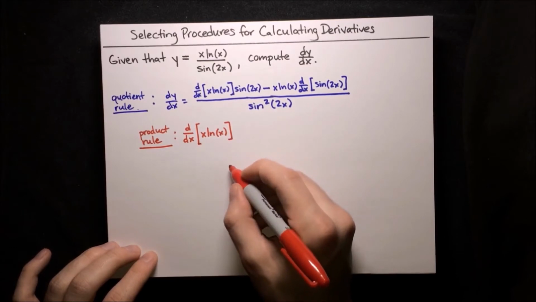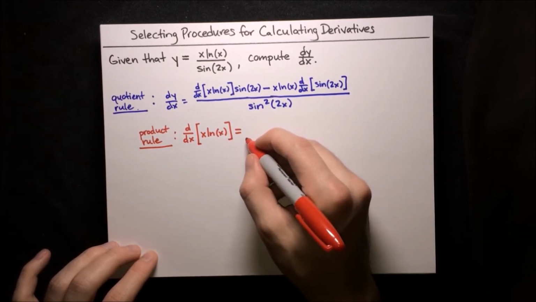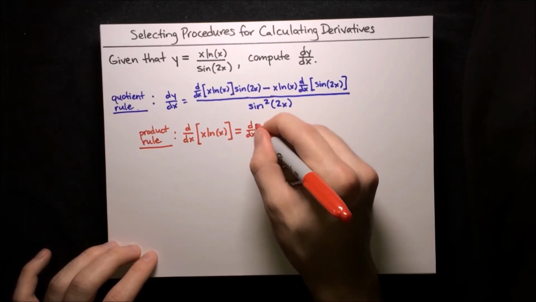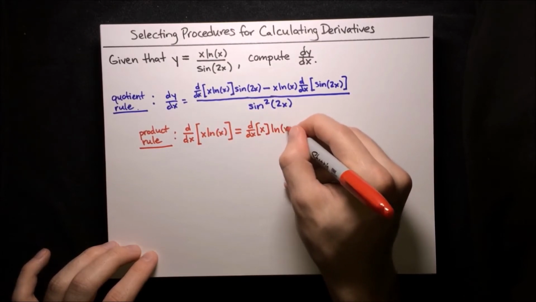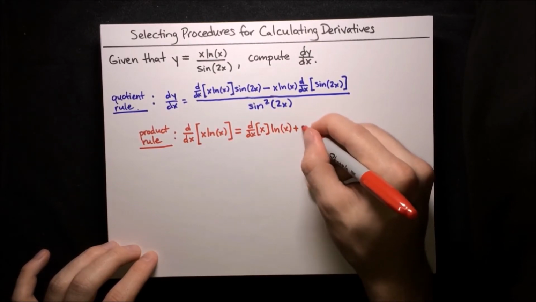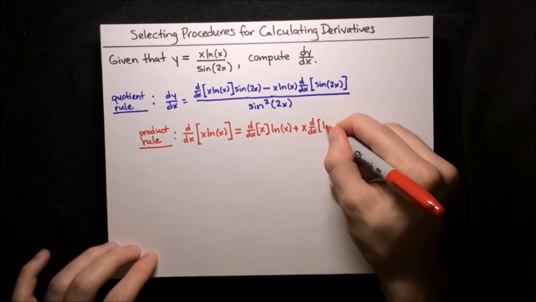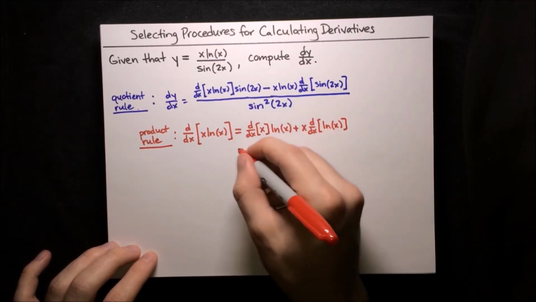All right, so according to the product rule, the derivative of that product is equal to the derivative of the first term, so d over dx of x, times the second term, natural log of x, and then plus the first term x times the derivative of the second term, natural log of x. So let's go ahead and compute that.